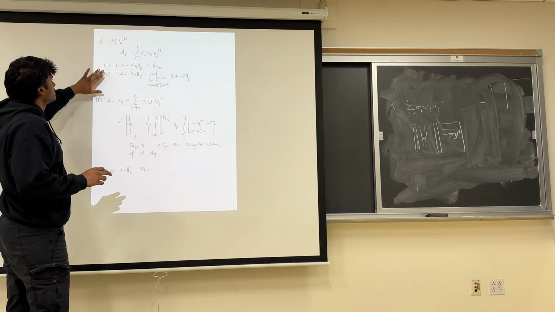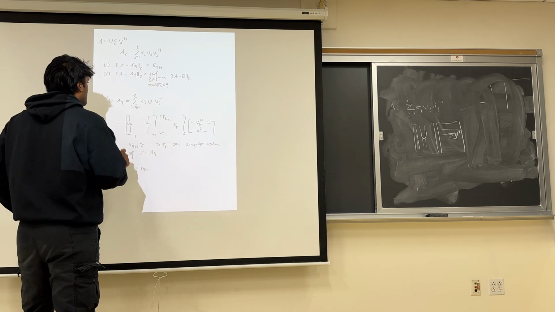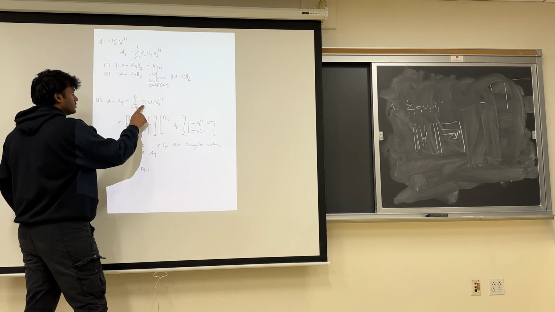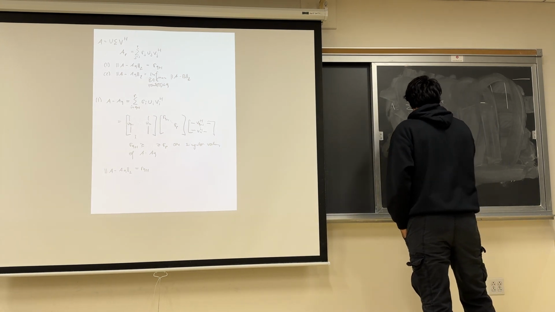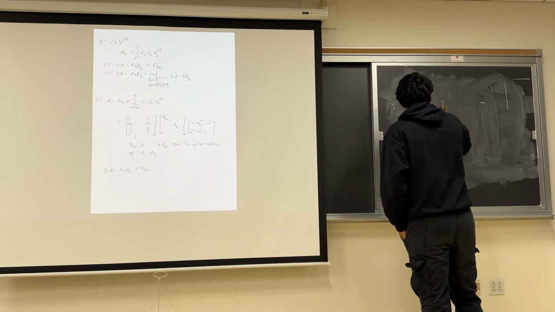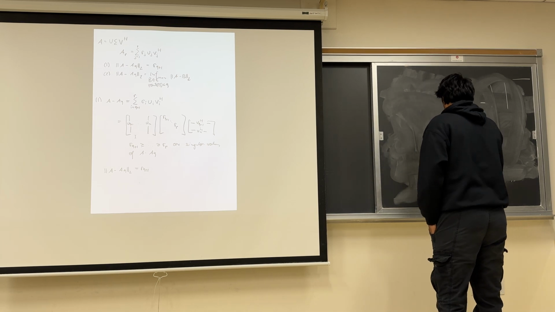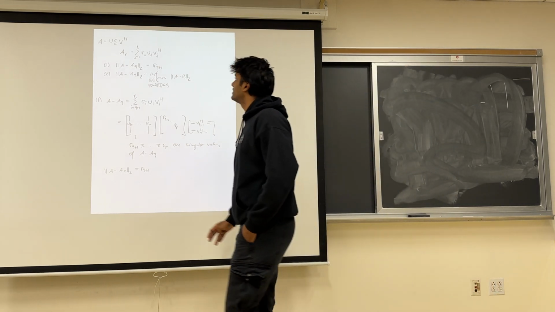So I have to prove these two statements. If A minus A_q is the sum from i going from q+1 to r of sigma_i u_i v_i transpose, I'm still assuming that. Oh wait, let me first see why this is true.